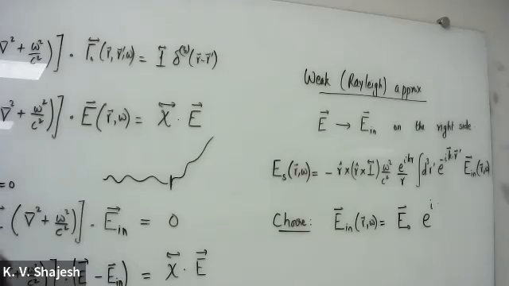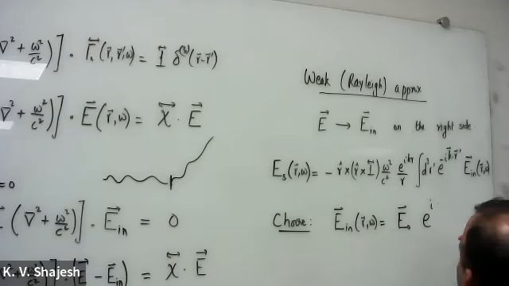Yeah, let's call it K incident, right? That is a K incident. So this is the direction of K incident dotted with r prime.